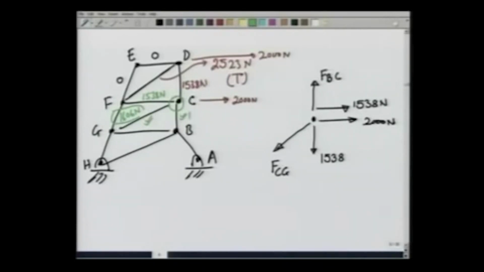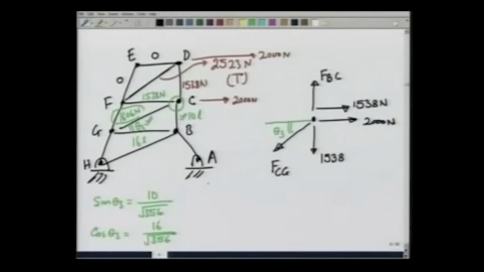Let us look at these lines. This length is 10L, this is 16L. So if I look at this angle and let me call it theta 3, I am going to have F_CG acting at an angle theta 3 with sine of theta 3 equals 10 over square root of 356 and cosine of theta 3 equals 16 over square root of 356. Now we are ready to calculate F_BC and F_GC.